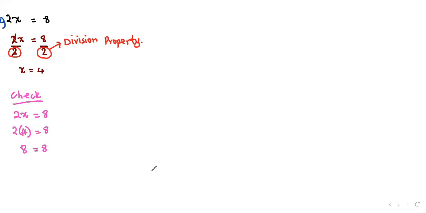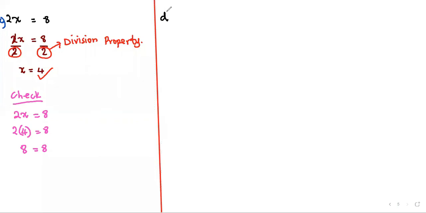So it implies that the left-hand side is equal to the right-hand side. So our answer is correct. The solution of this equation is 4. Okay. We are going to get the other two remaining examples.